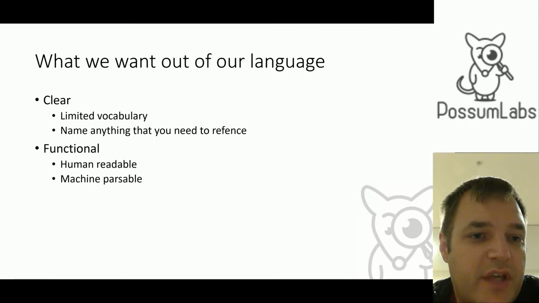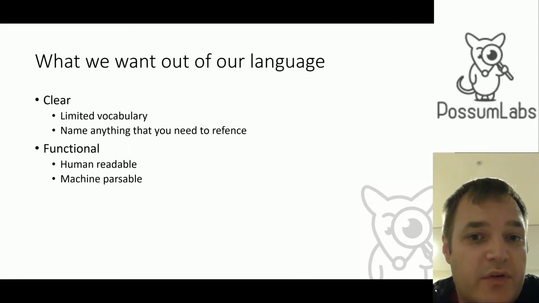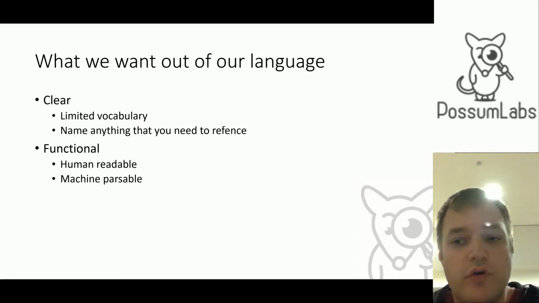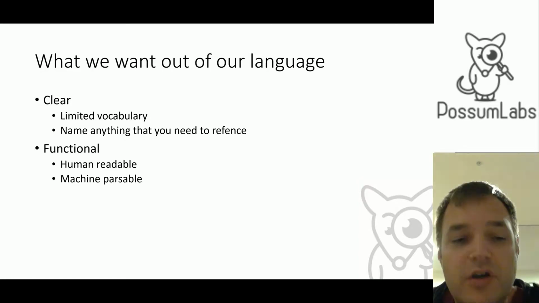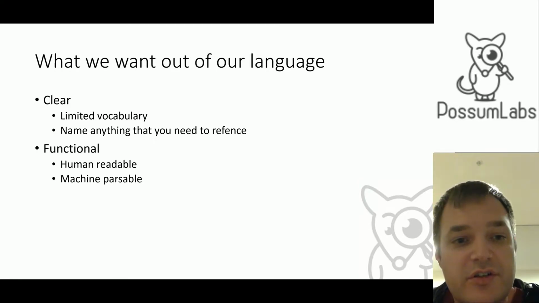It has a limited vocabulary, so it's clear to understand exactly what everything means. And we want to name all the things we want to reference in the future, so it's easy to keep track of things and allows us to combine these little rudimentary elements of our language and build more complex structures.